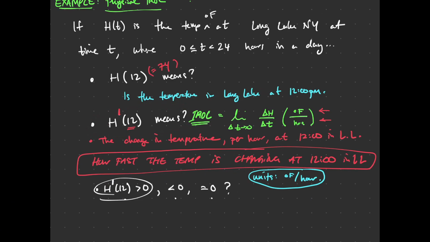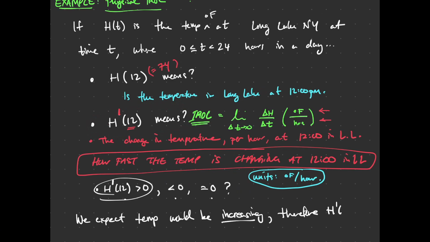It can obviously change depending on weather patterns and whatnot. But here we would probably expect that temperature would be increasing. Therefore, we'd expect a positive sign on the derivative.